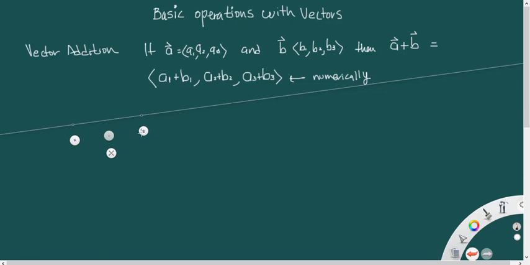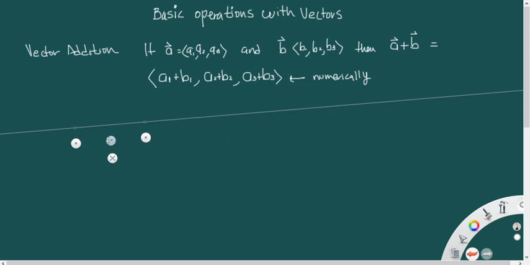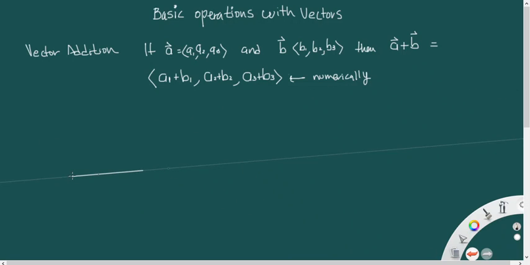So let me draw a little sketch here. Let's say that we have these two vectors here, and this is vector A and this is vector B, and we want to add these vectors.